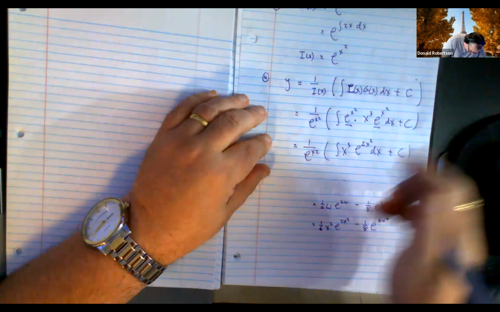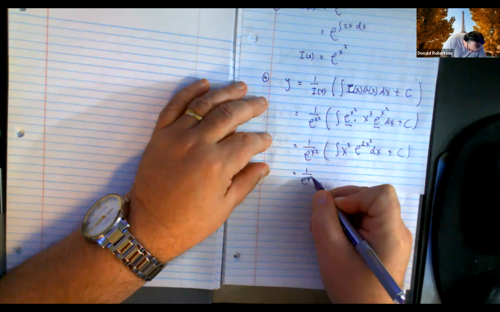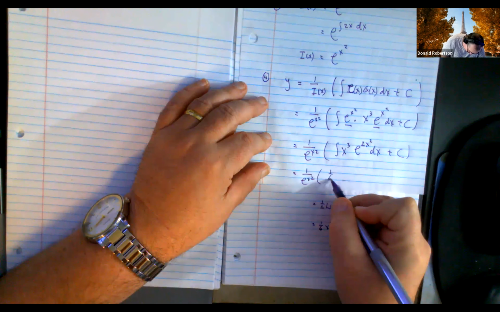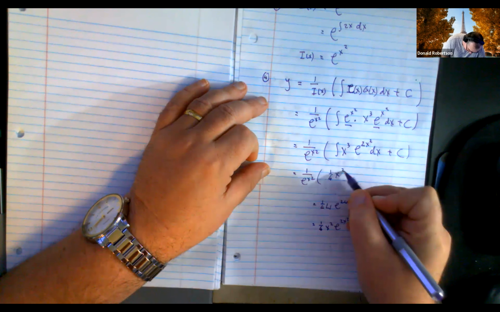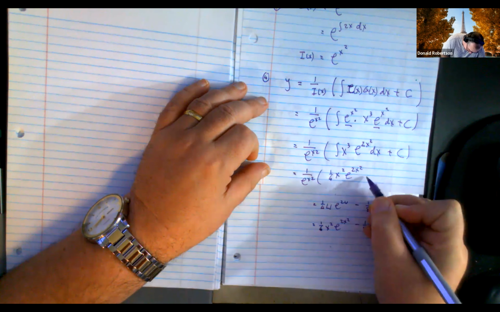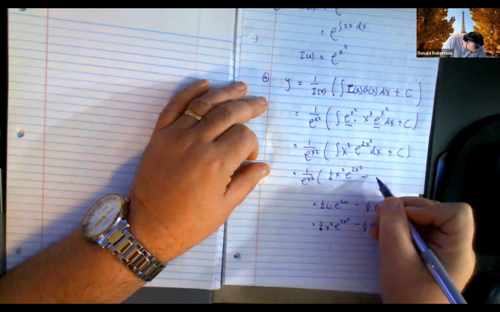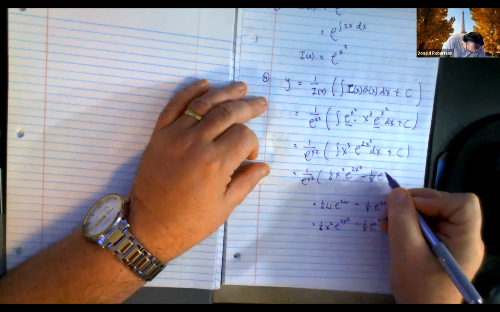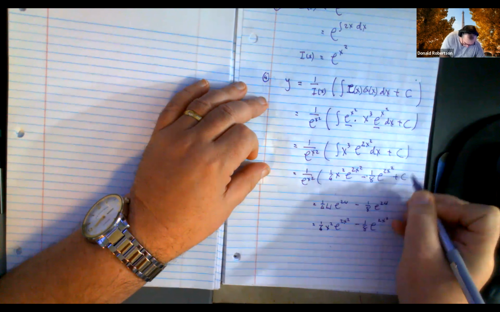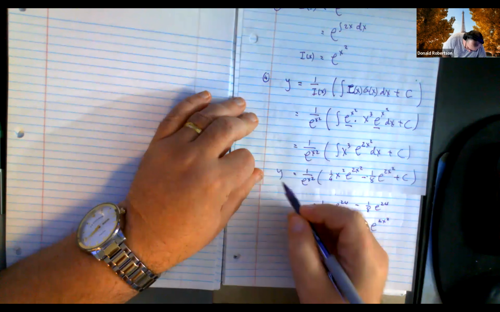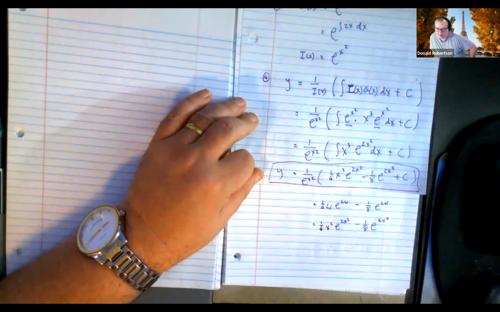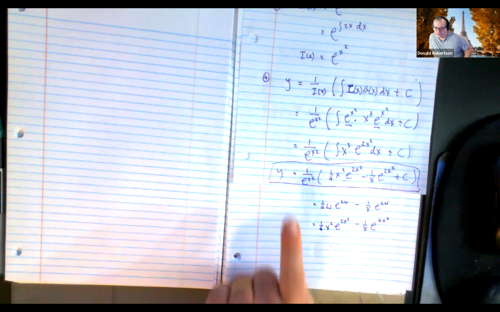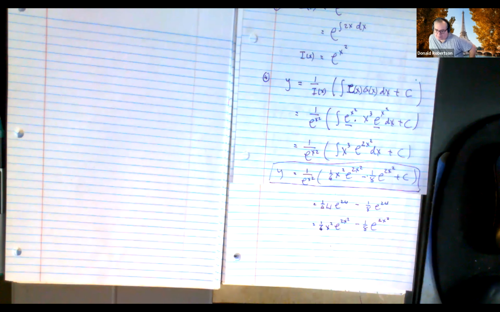So it's 1/4 x squared e to the 2x squared, take away 1/8 e to the 2x squared plus c. I'd probably let that one slide, but if you wanted to, you could distribute this. It wouldn't be much better looking, so I'm not bothered if you don't do it.